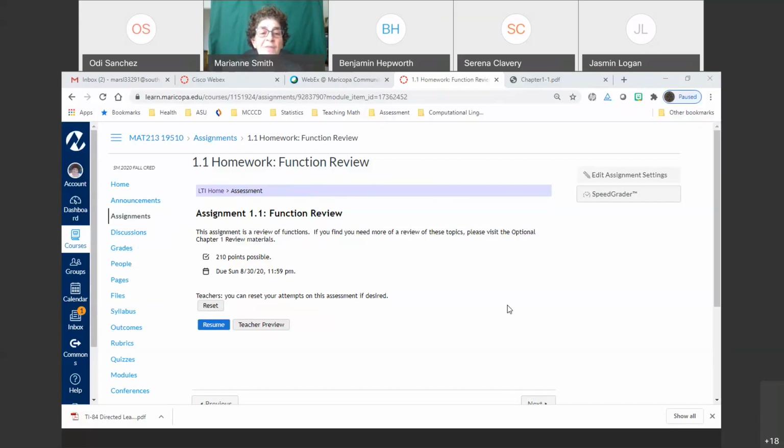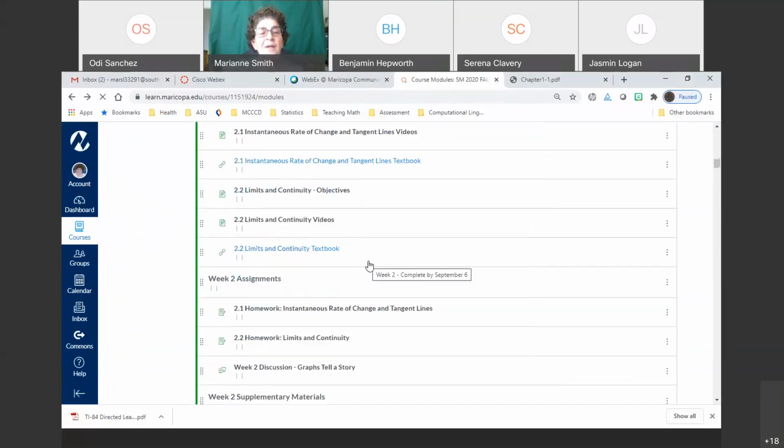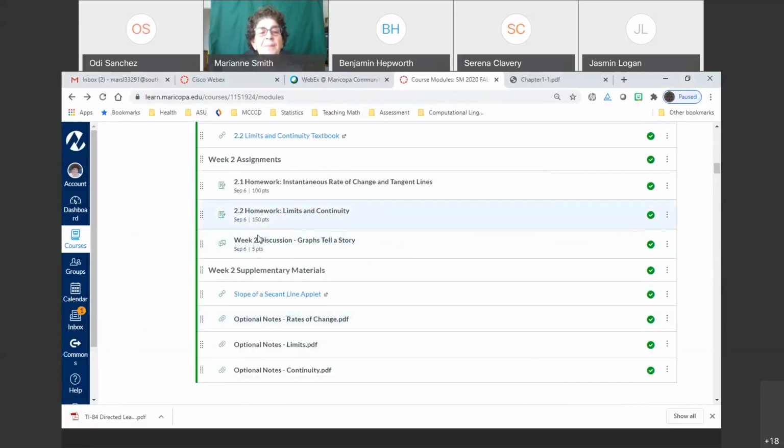I'm assuming everybody is familiar with discussion boards in Canvas, so putting things on discussion boards is not going to be a struggle. I'm just backing up here. Sometimes I'm going to scroll down to week 2. You'll notice that week 2 has a discussion board as well as the homework. And sometimes I'll put in supplementary materials.